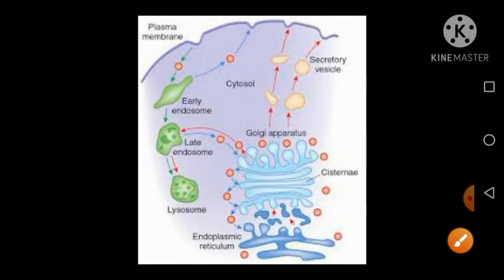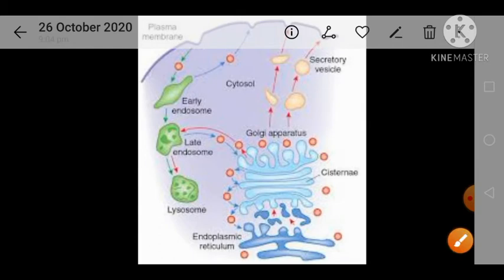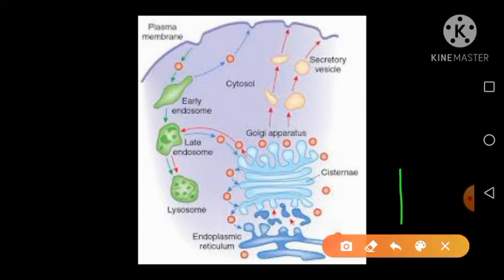During this journey, my dear friends, that is from cis to trans, these particular proteins are modified within a Golgi complex. The proteins are modified, and then they are transported to their respective locations.